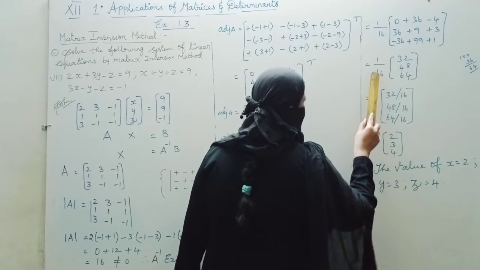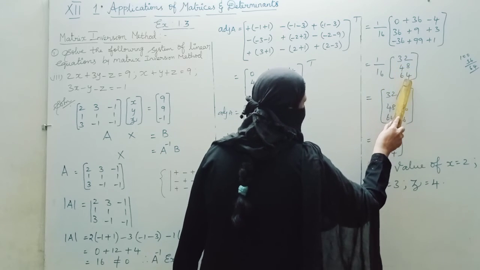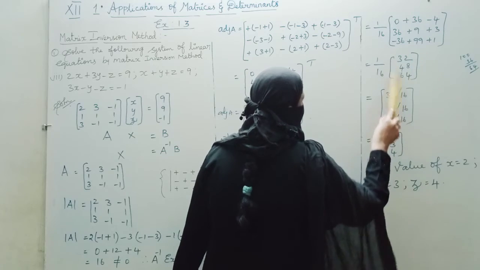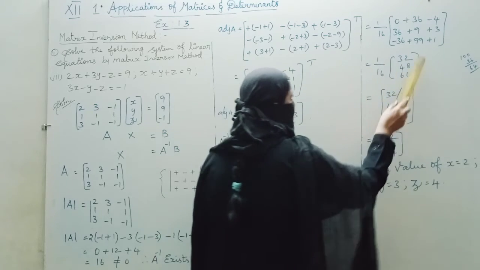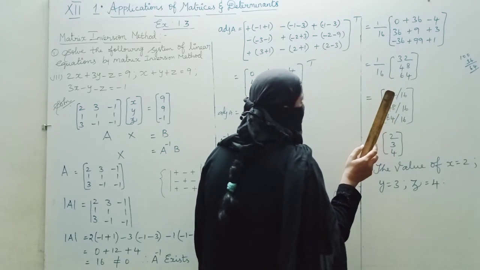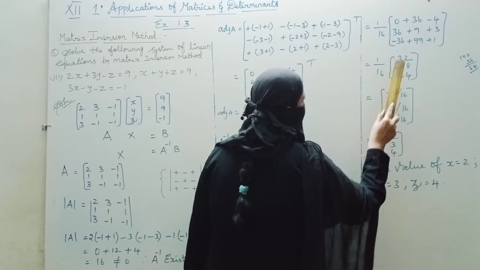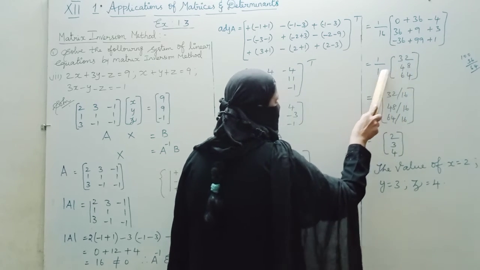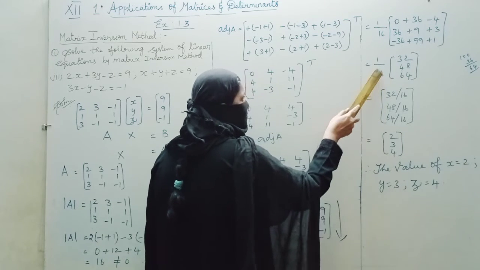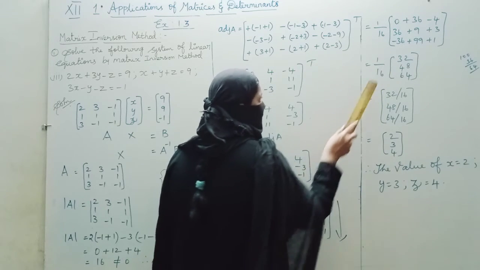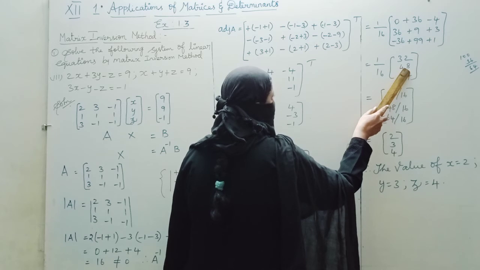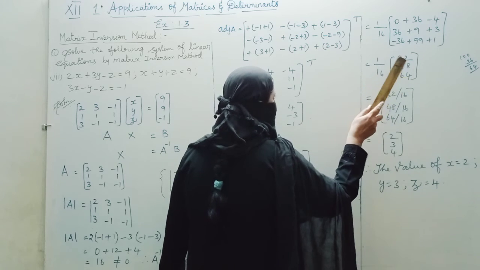Now 1 by 16, 32, 48, 64. They will all be multiples of 16. This is the 16 table. So divide as usual, 32 by 16. In 16, how many times does 32 come? 2 times. In 16, how many times does 48 come? 3 times. 16, 64 is 4 times.